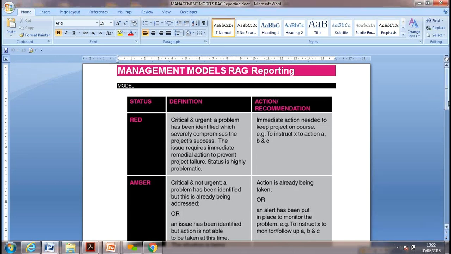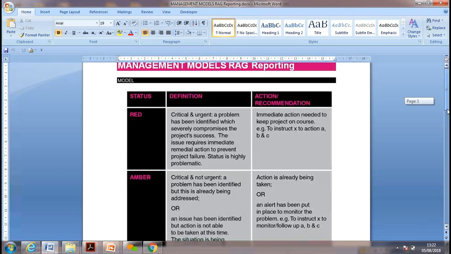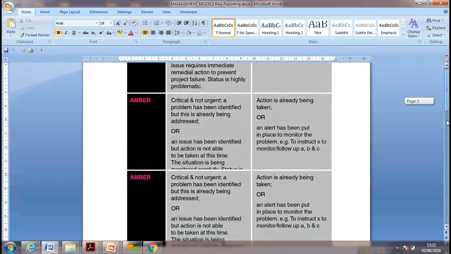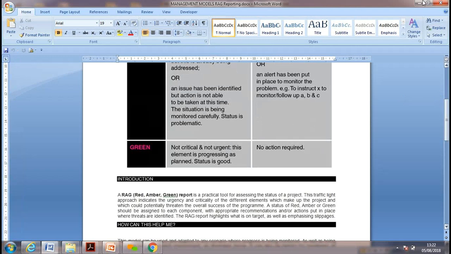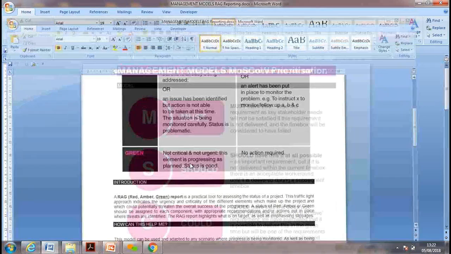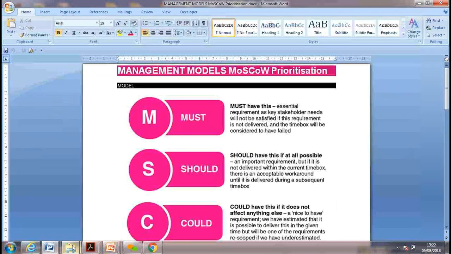Next is the reporting system, which uses red, amber, and green. When we do planning for project management, we can prioritize the task as well. This is quite a good document to use, and you can reference it and discuss it in your assignment.